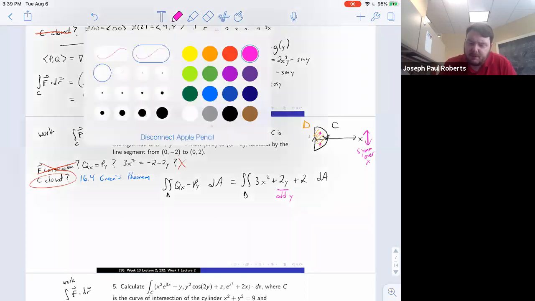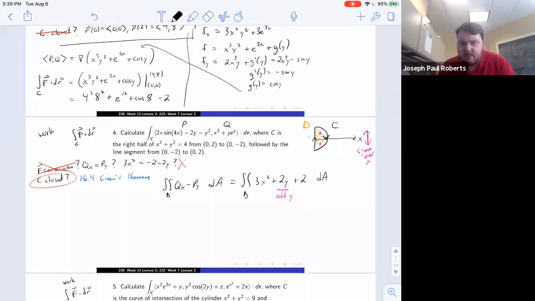And then this plus 2 you can easily deal with by knowing the area of this region.